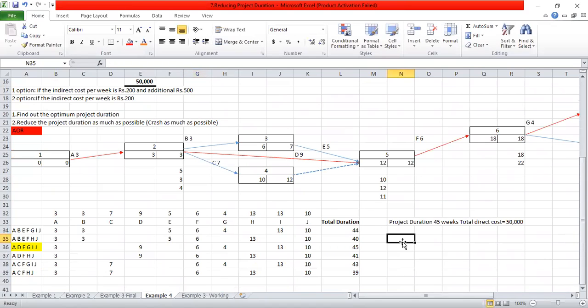So the next one is crash I by 1 day. Crash I by 1 day means you have to find the I activity here. So it is now 12. So all these should be 12 here.